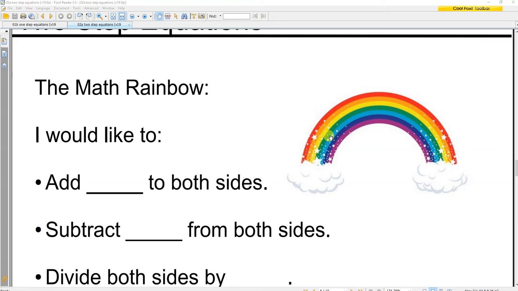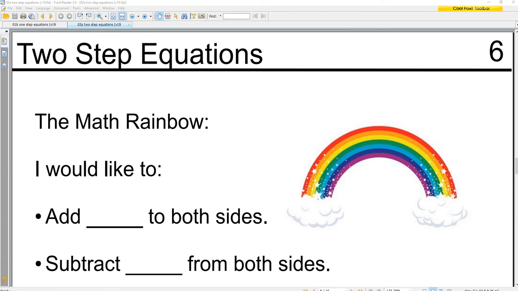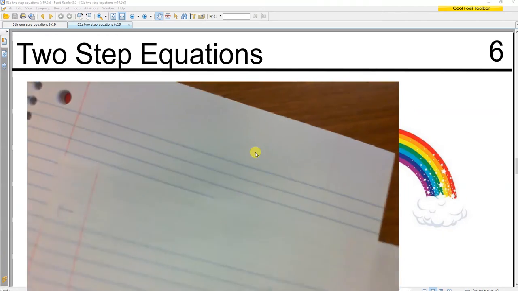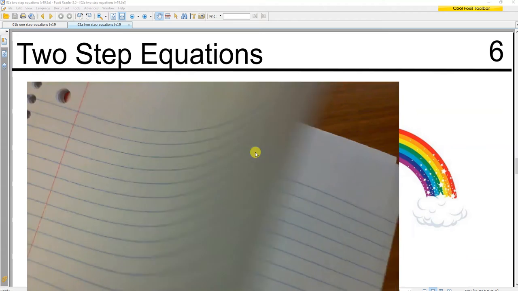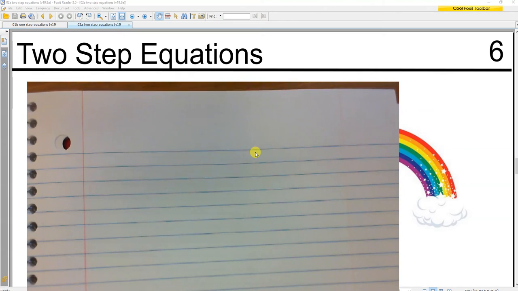Here's our math rainbow, and we are going to do another math rainbow. So let's get going. Two-step equations. Let's get our notes ready. You will be writing the math rainbow multiple times.